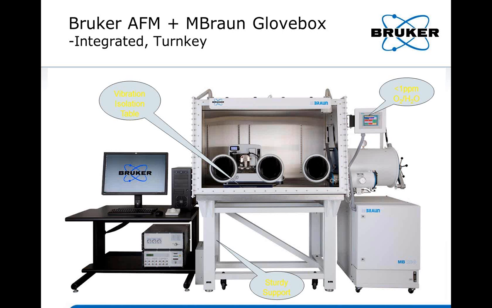Now let me touch a little bit again on repeatability. I mentioned briefly that in ambient you have a water layer. So you could also control the environment a little bit. For example, we have a 10K glove box solution.